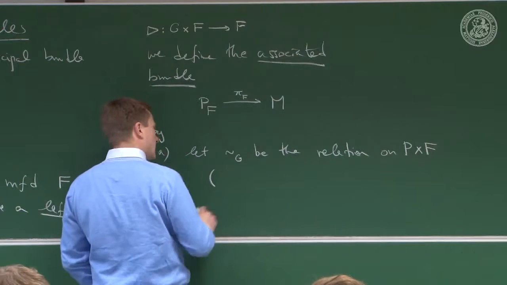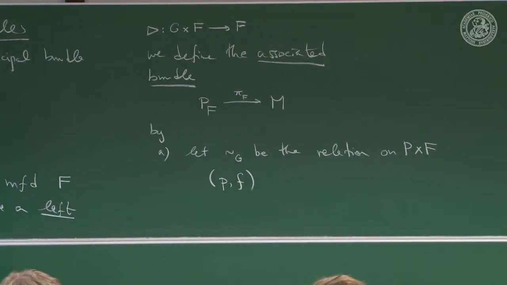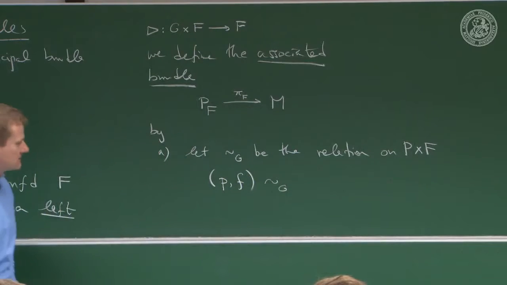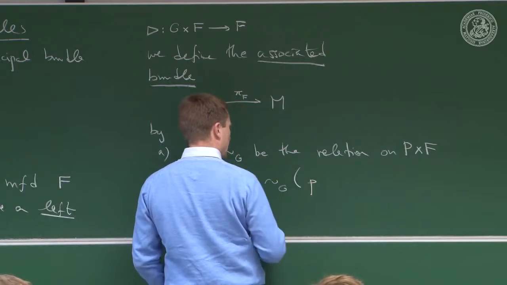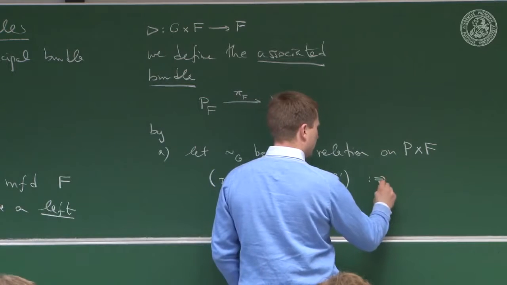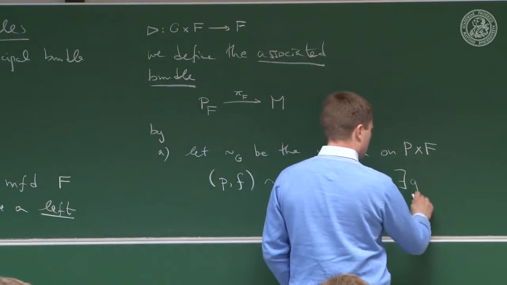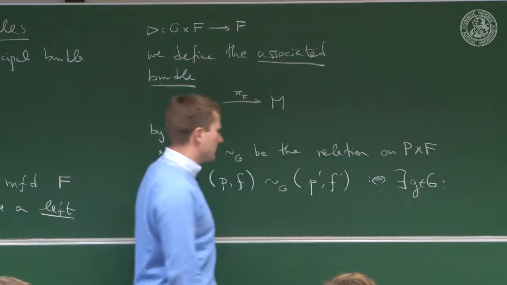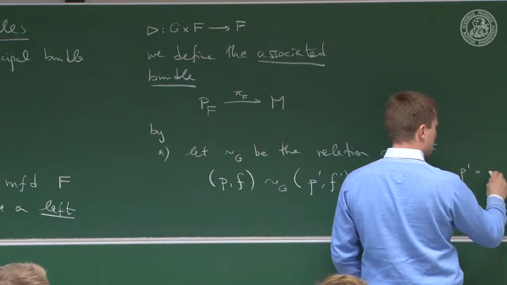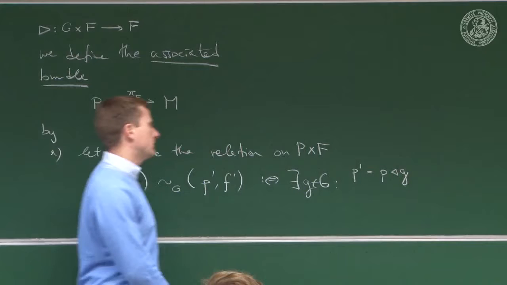So, on P cross F, we establish that any element (p, f) of P cross F is supposed to be identified by this relation with an element (p', f'), by definition, if and only if there exists a g in G, and now we've got to be careful, such that p' is p acted upon from the right by this g.